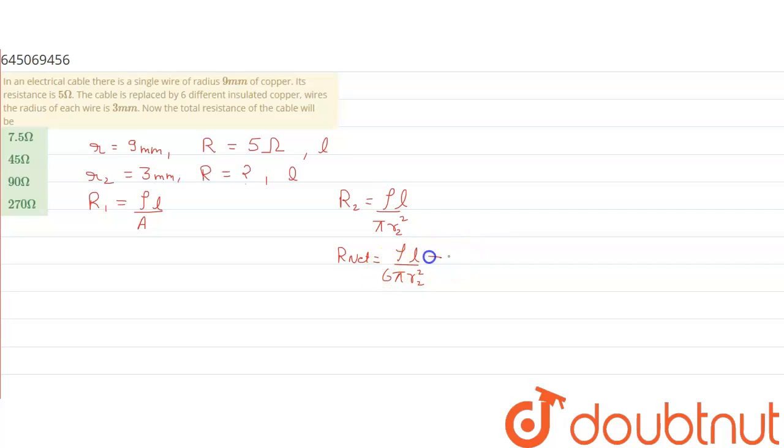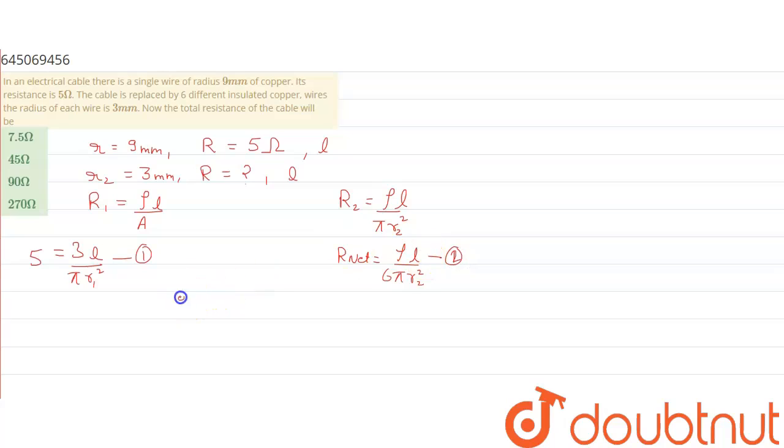So this will be our equation number 1, right? In this equation we will have to put the values. Resistance is given, that is 5 ohm equal to rho L upon pi r1 square. So let this equation be 1 and this equation be our second equation.